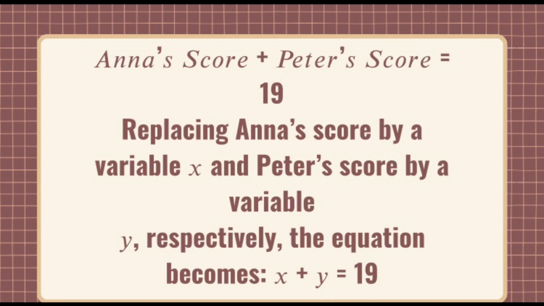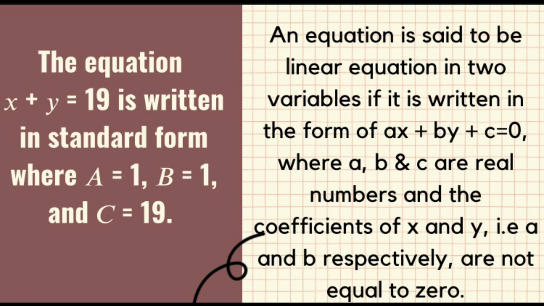Replacing Anna's score by a variable x and Peter's score by a variable y respectively, the equation would become x + y = 19. The equation x + y = 19 is written in standard form, where a = 1, b = 1, and c = 19. This is an example of a linear equation in two variables.